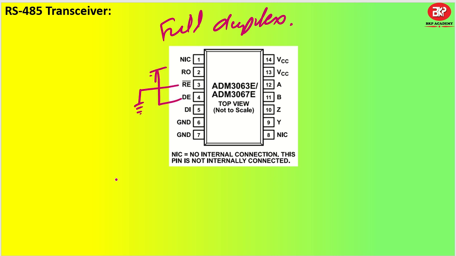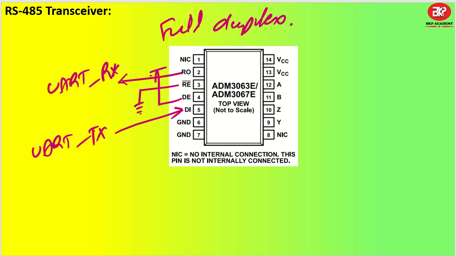The receiver output can be connected to the UART RX of the MCU, the microcontroller, and the driver input can be connected to the UART TX. A and B will have the inputs, like non-inverting and inverting inputs, and Y and Z will have the driver output. This is how it will be connected.